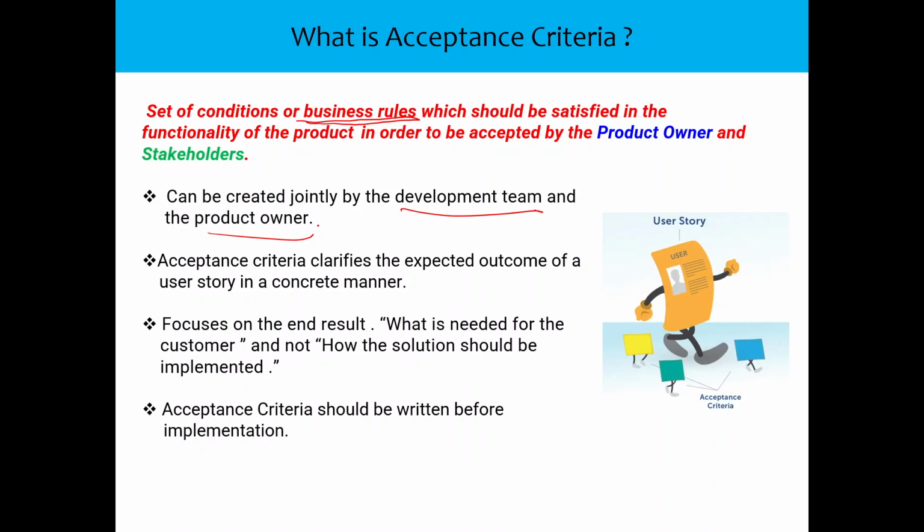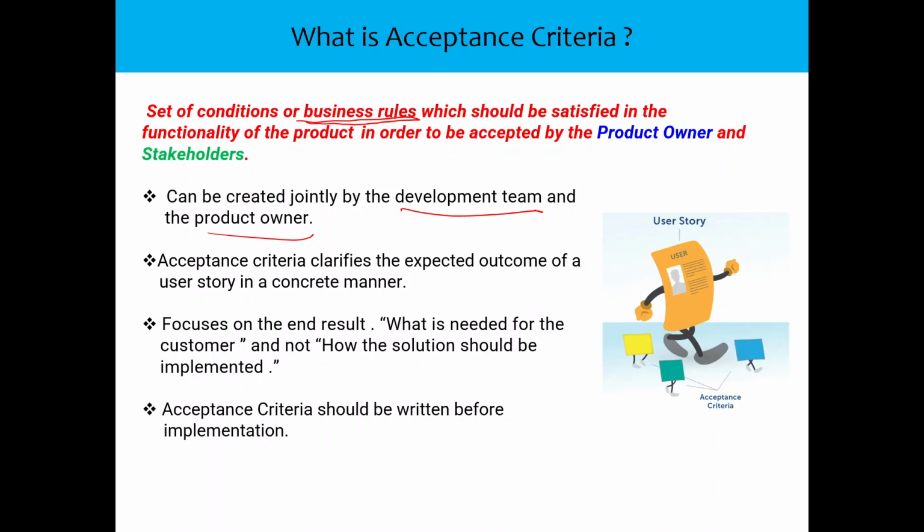If it's a project inside the organization, then the product owner will act like a business partner for you. But if the customer is also there, then the product owner will liaise with the customer.